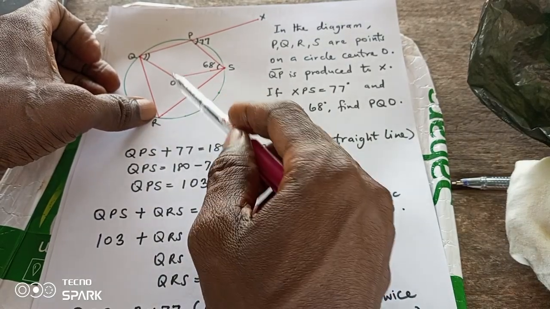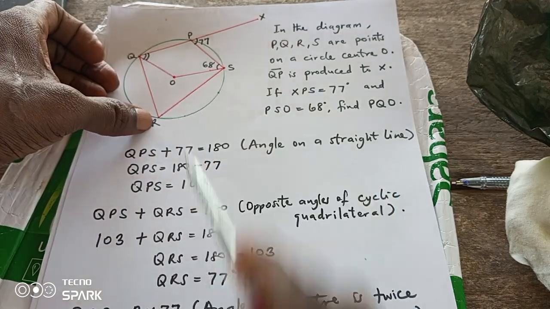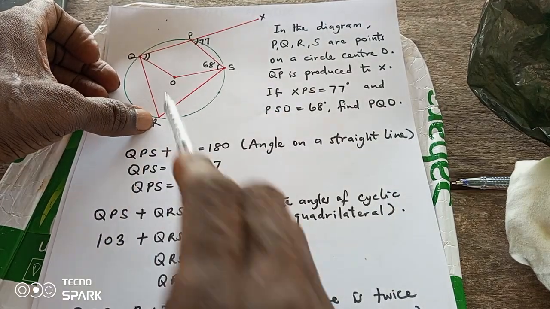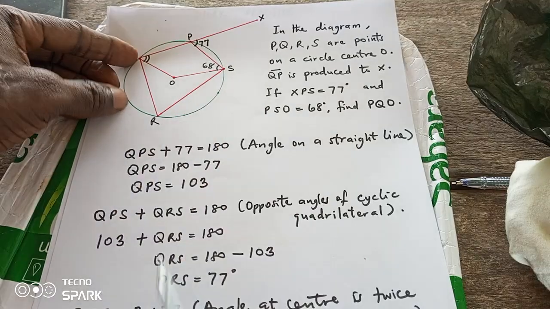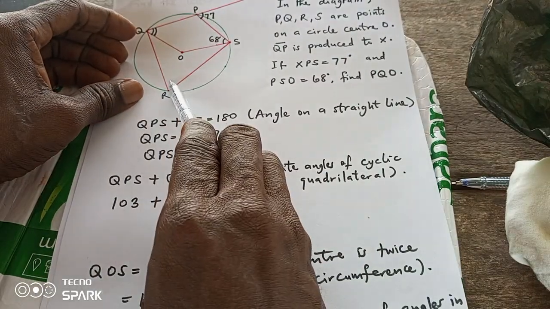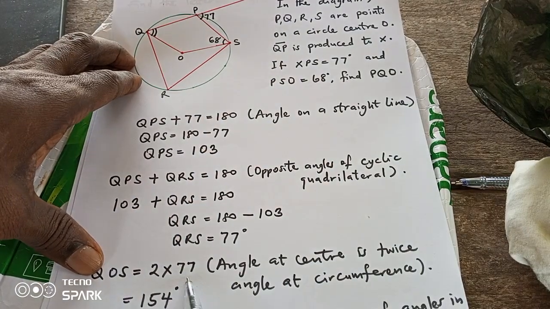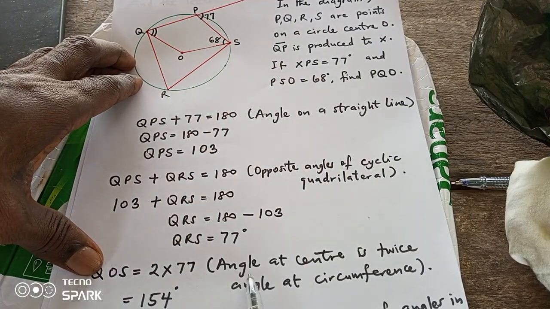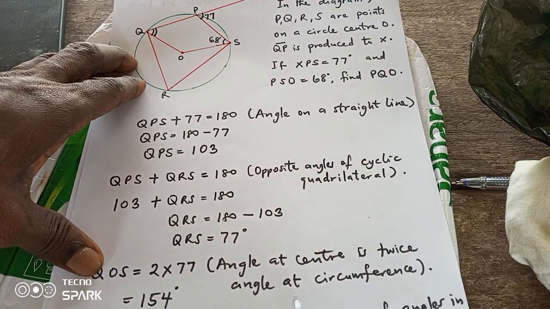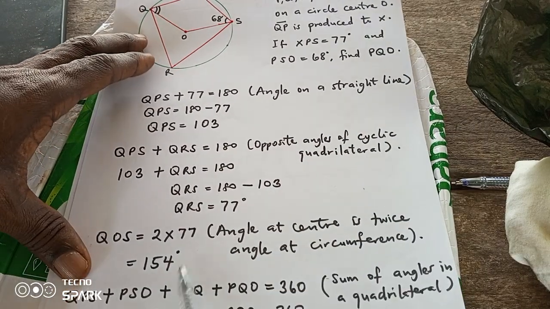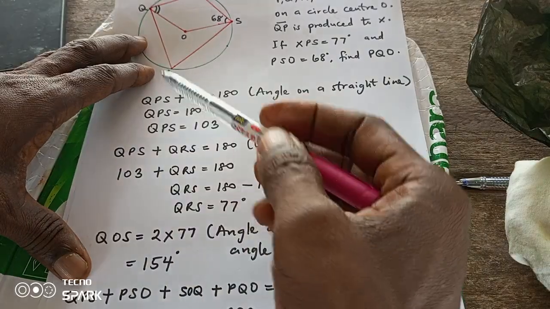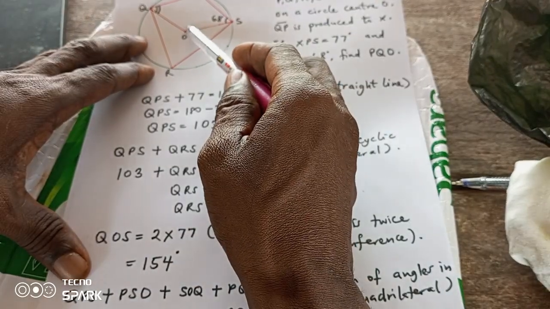Since we have calculated QRS to be 77, to get QOS you multiply 77 by 2, which is 2 times 77. The reason: angle at the center is twice angle at the circumference, which is equal to 154 degrees. So the angle here is 154 degrees.